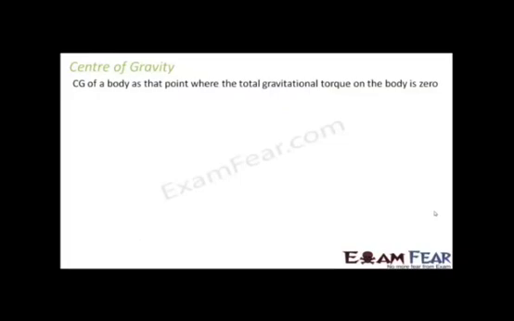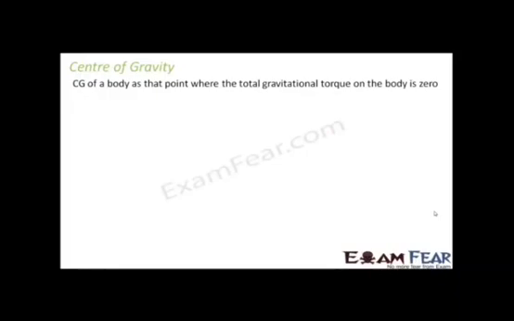So next is center of gravity. Since we are talking about equilibrium, it is good to talk about center of gravity. The center of gravity is that point where the total gravitational torque on the body is 0. Let us say any object which you try to balance with your finger.